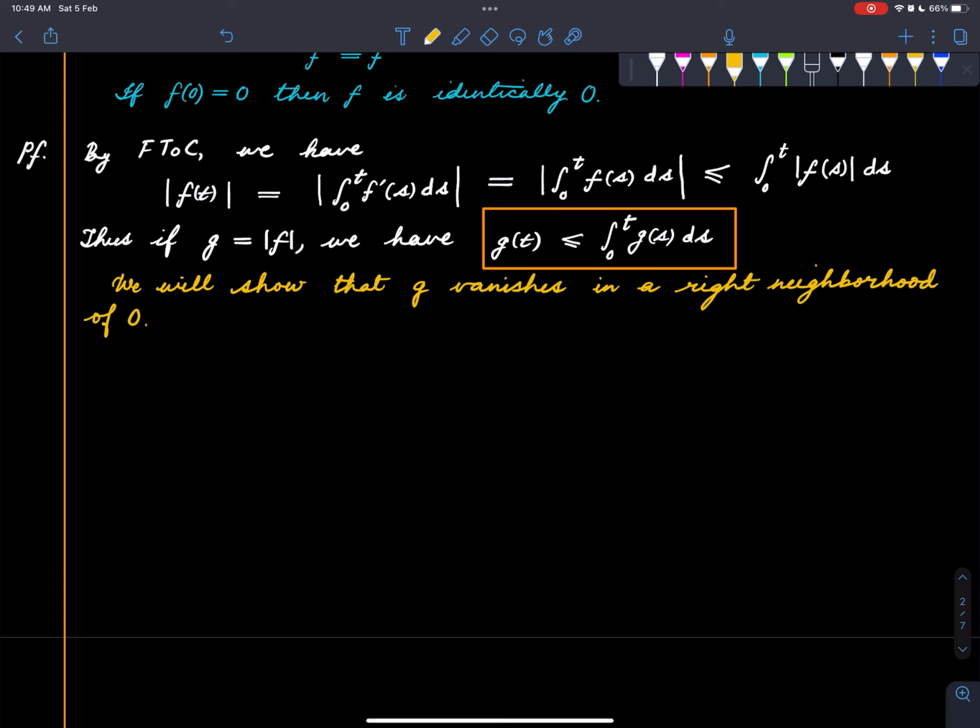Similarly, you'll be able to show that it also vanishes in a left neighborhood, and that part I leave as an exercise. I'll just show the right neighborhood part. Okay, so how do we do this?